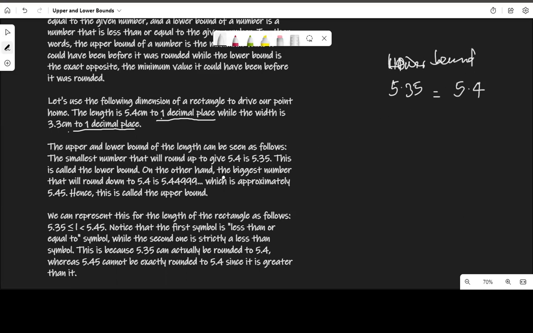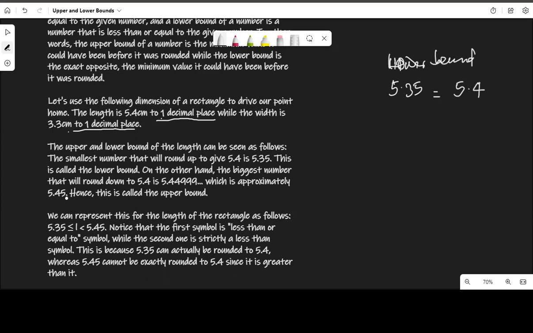Again, on the other hand, the biggest number that we round down to 5.4 is 5.44999999 indefinitely, which is approximately 5.45. So this is the highest number that you can round down to 5.4.